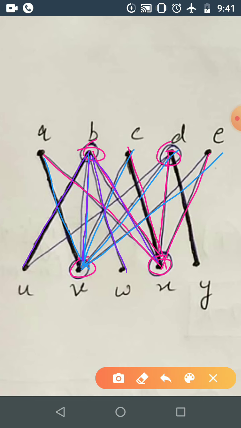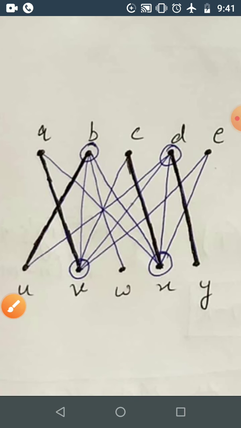And D is covering, DY is left, correct? So D is covering this one, and this one already covered, the earlier already covered, and this one. So here we are getting the minimum vertex cover, that is B, D, X, V. These vertices are covering all the edges, okay?